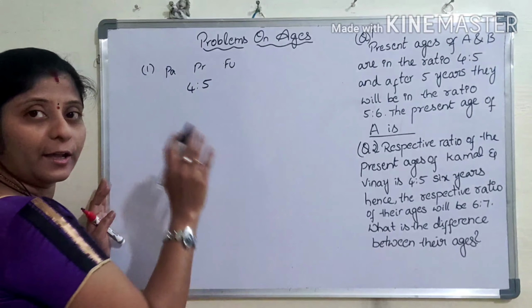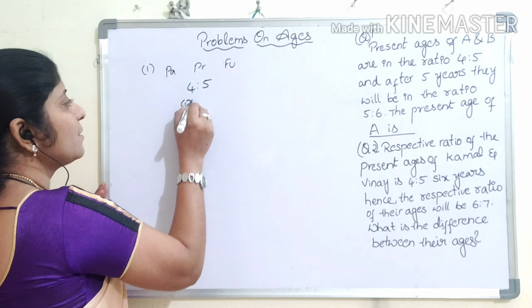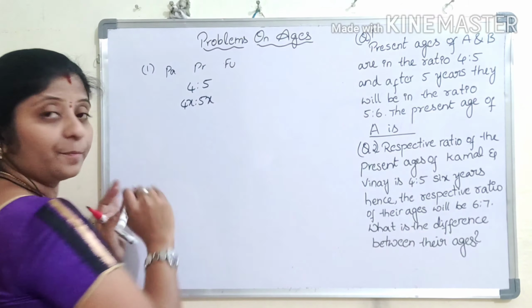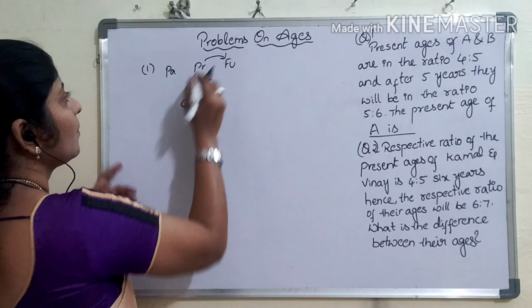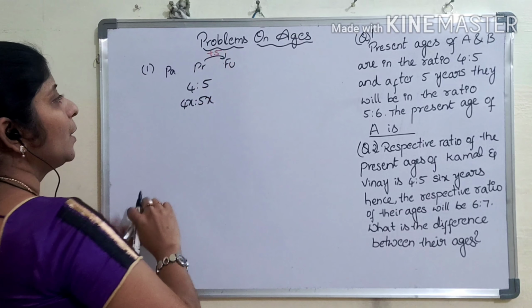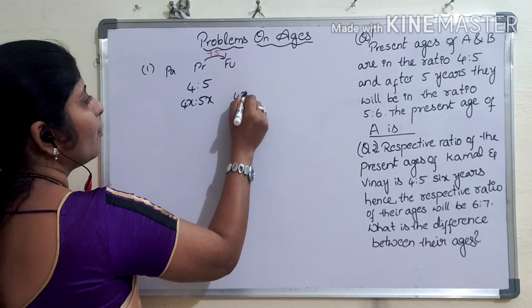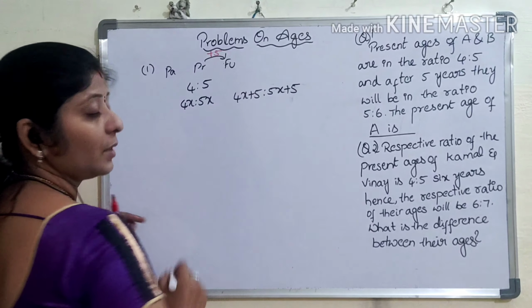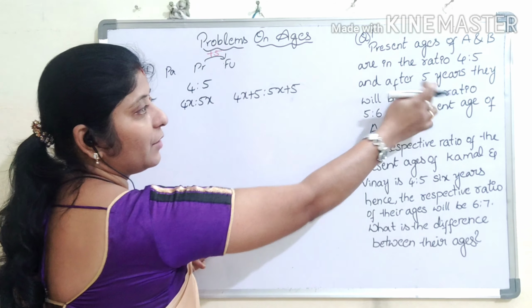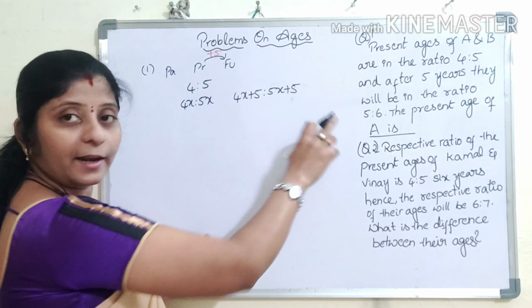So this ratio is considered as 4x is to 5x. Now we have to add plus 5 for that, so it becomes 4x plus 5 and 5x plus 5. And after 5 years, they will be in the ratio 5 is to 6.